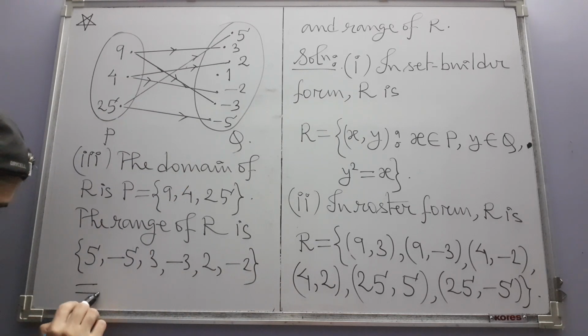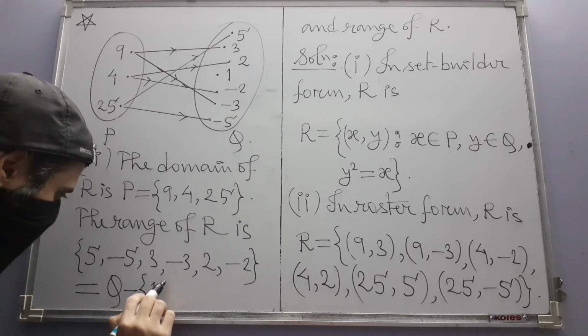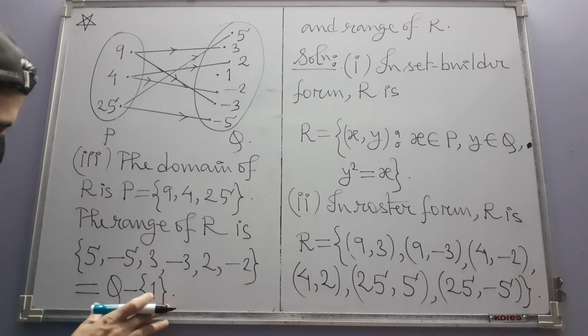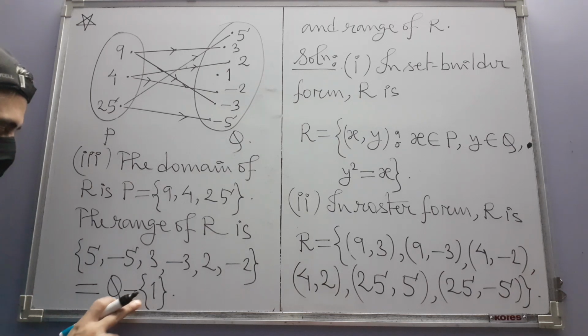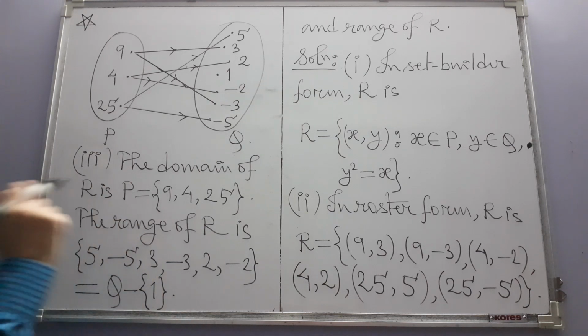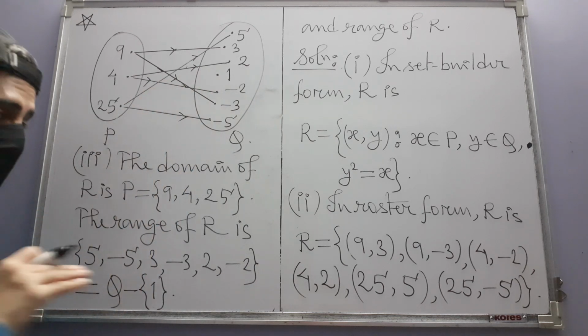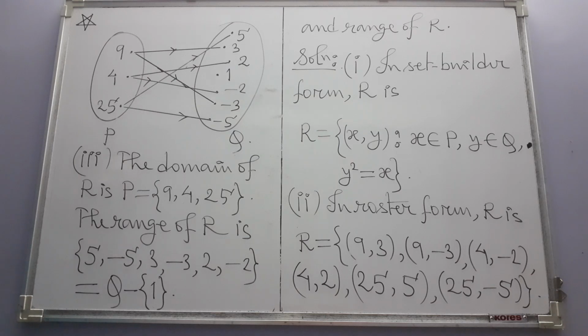Now note that instead of writing this much, you can also just simply write this. From the entire set Q, if you remove 1, then this difference set is nothing but this. So 1 is not an element in the range because it's not being attacked with an arrow by some element from here.